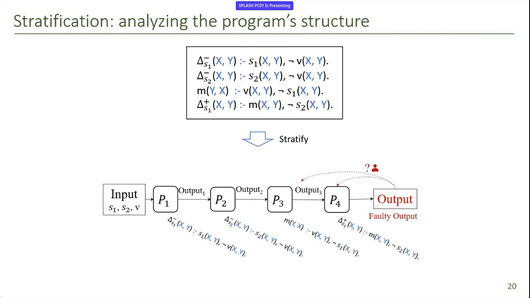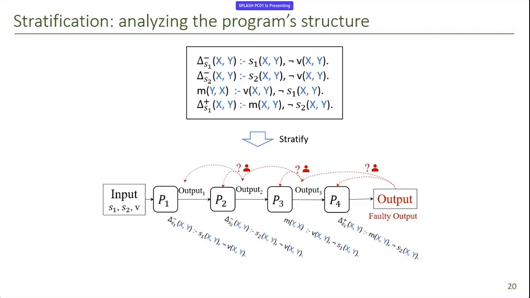And the debugging engine will inspect from the last partition to the first partition. At each partition, the engine will predict whether the input of the partition has a fault or the partition has faulty rules.